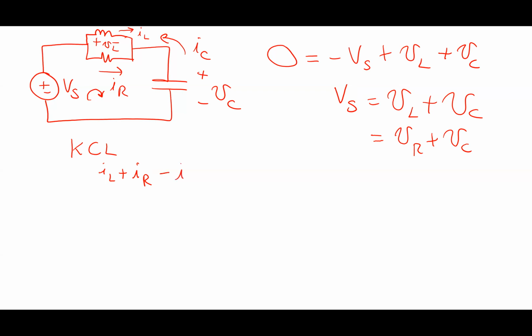I can do it a couple of different ways, but given the way I wrote it here, I'll write it this way. It's the same thing, right? IL plus IR equals, now I've got to be careful, negative IC. I'm doing silly things here. All right.